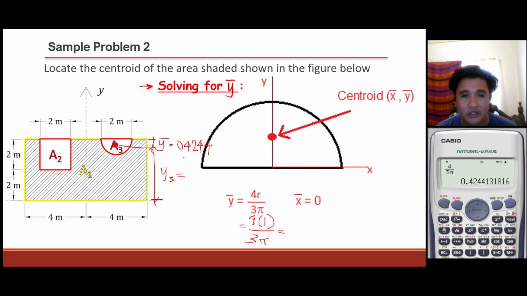So, 4 meters minus 0.4244 gives us the value 3.5756, that is in meters. Okay, so we no longer have a problem, we have found y3.